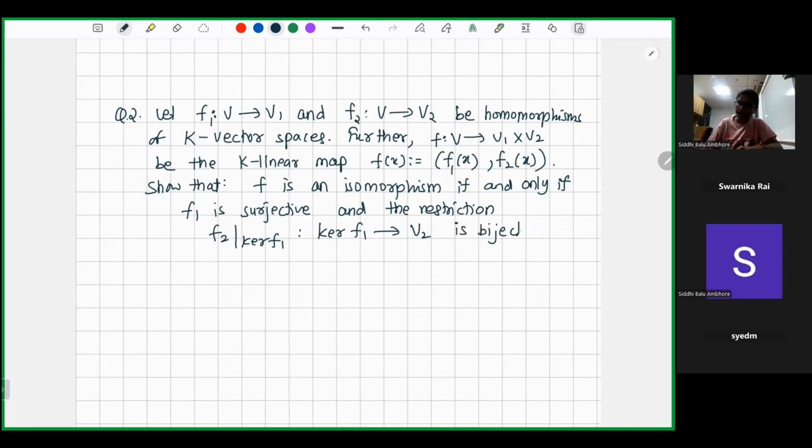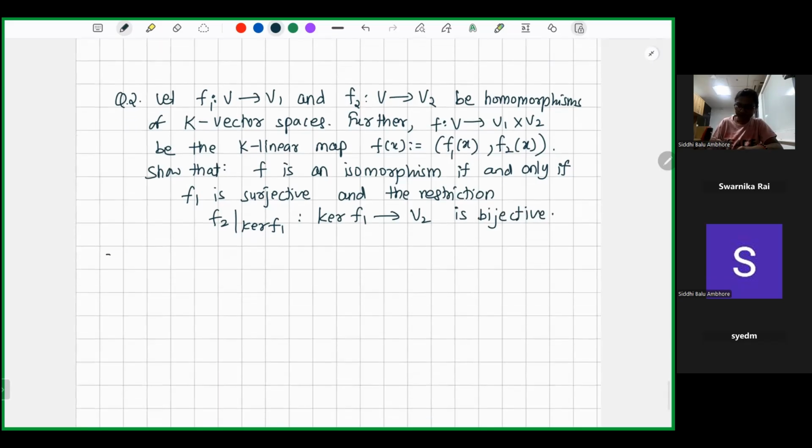So there are so many things going on in this question. What we have is these two maps, F1 and F2.